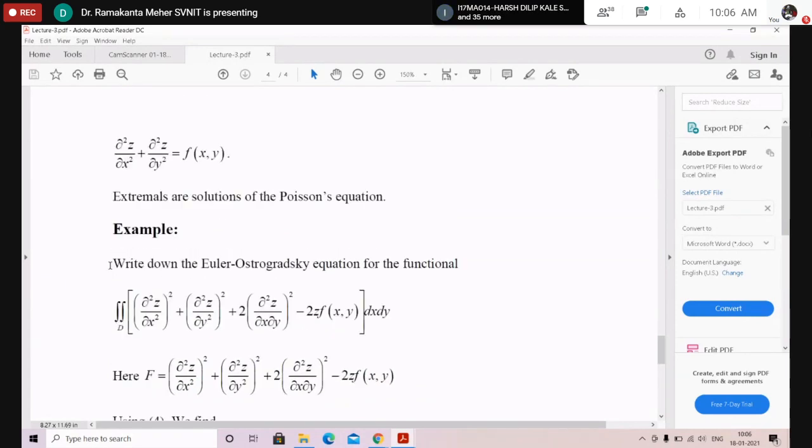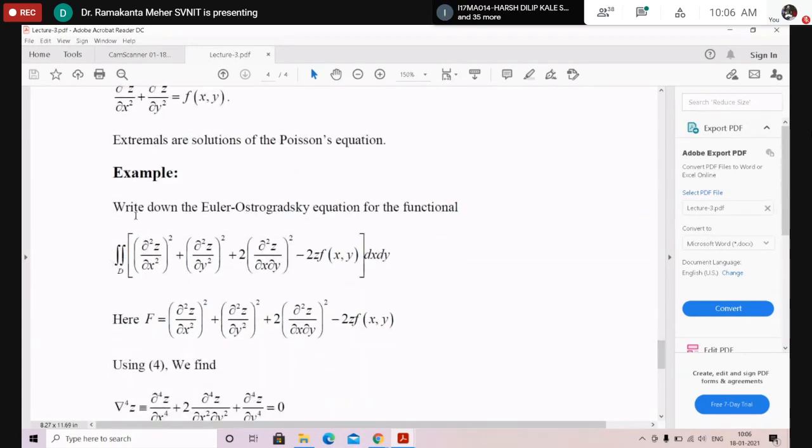Similarly, if we take another example, here we have considered higher order partial derivatives: (del 2z by del x square) whole square plus (del 2z by del y square) whole square plus 2 (del 2z by del x del y) whole square minus 2z f of xy dx dy.